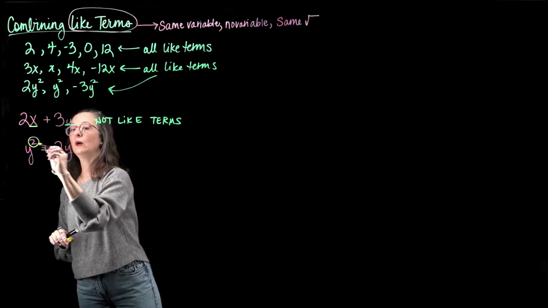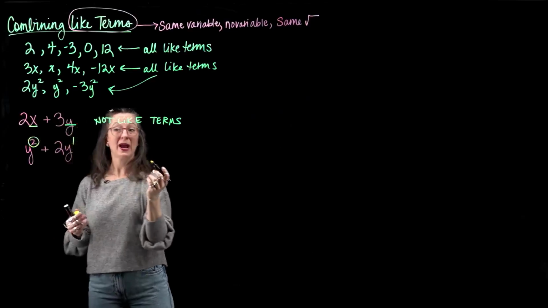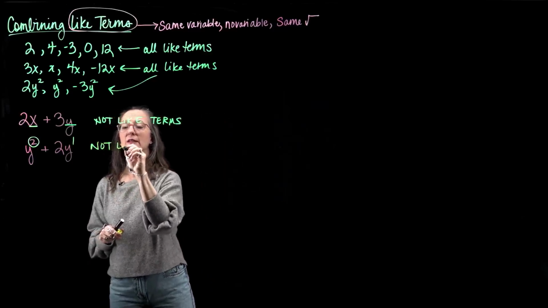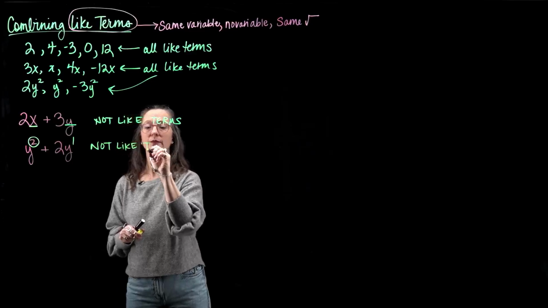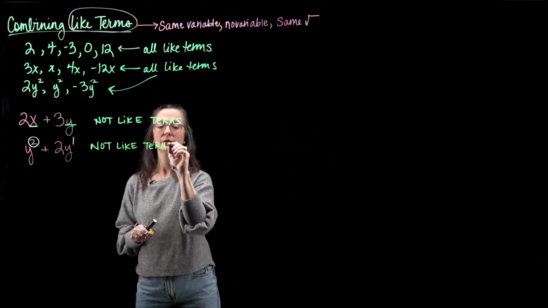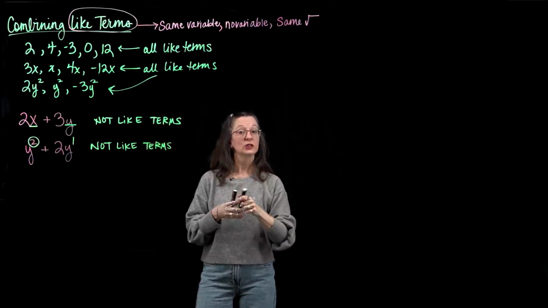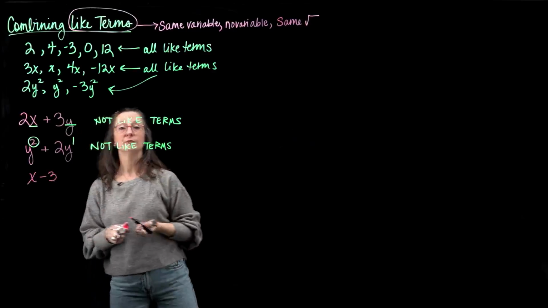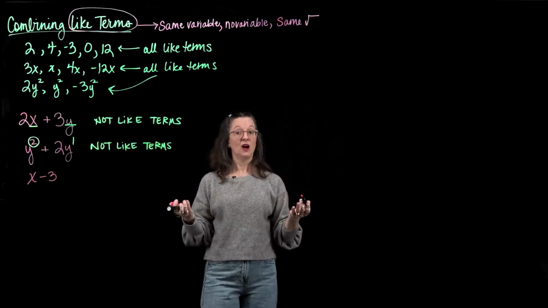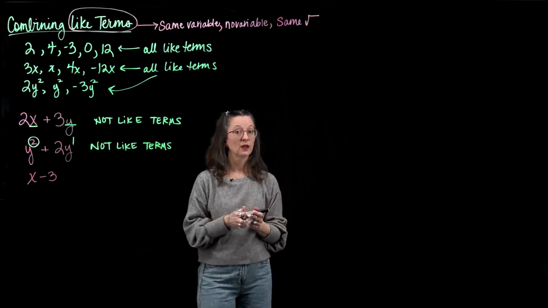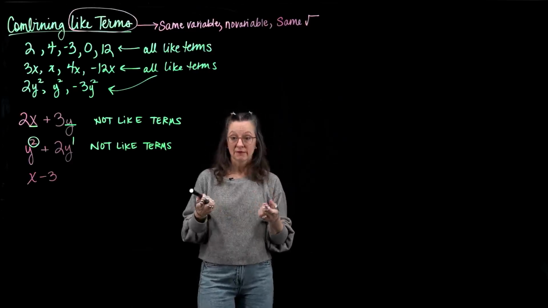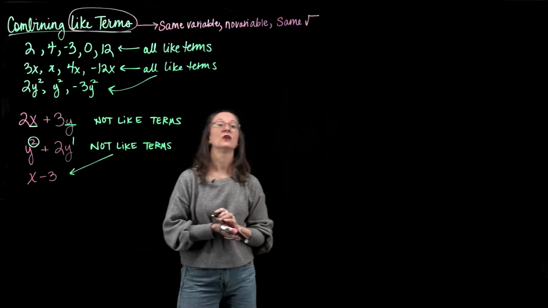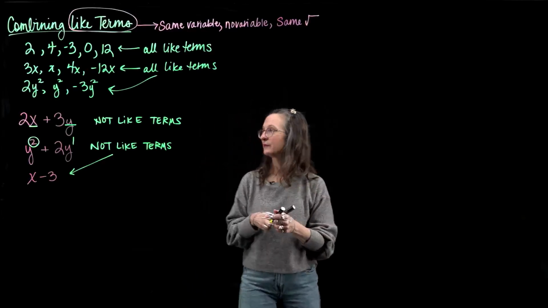So y squared and y to the first power, those are different. So again, not like terms. Let's look at one more. What if I have x minus 3? Those are not like terms either, because they do not have the same variable. So we'll just draw an arrow to say those are also not like terms.